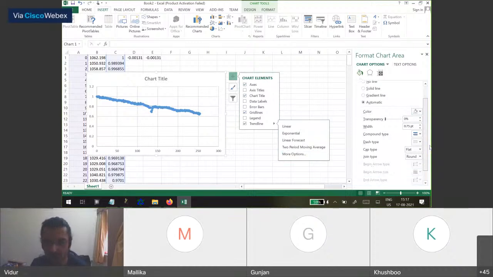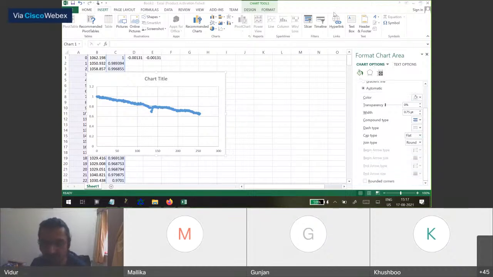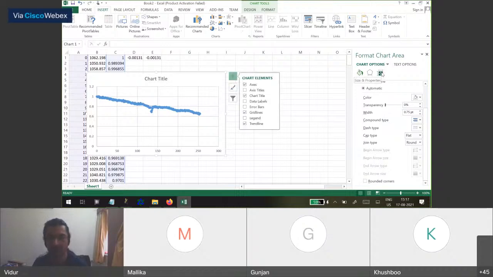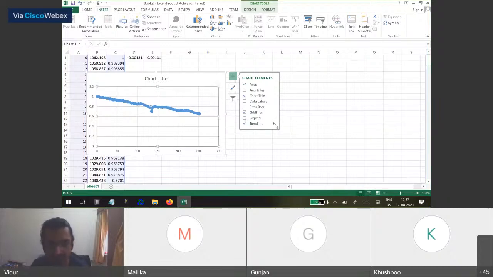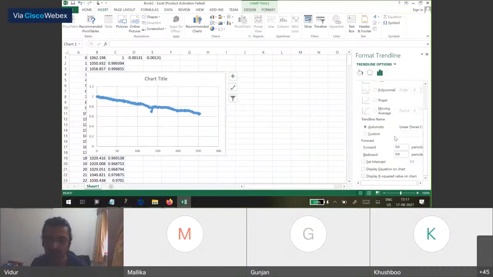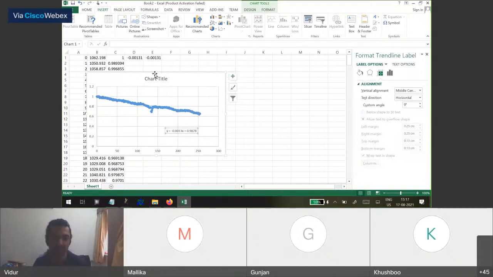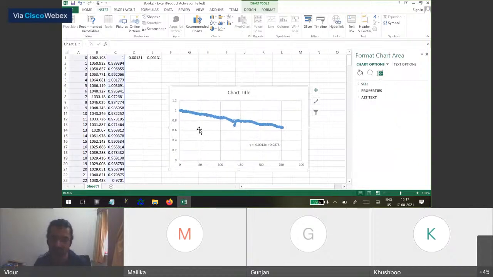Once you go to the more options, here what you can do is display equation on chart. And as you can see, this equation is basically the formula to map out this slope, which is minus 0.0013x plus 0.9878.